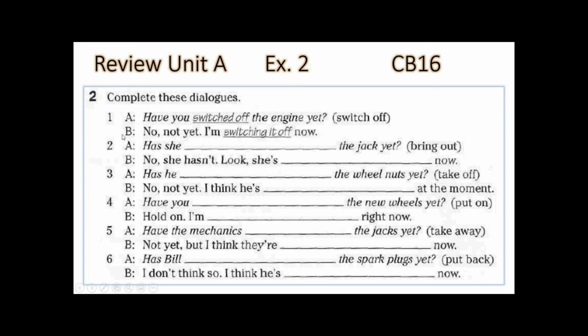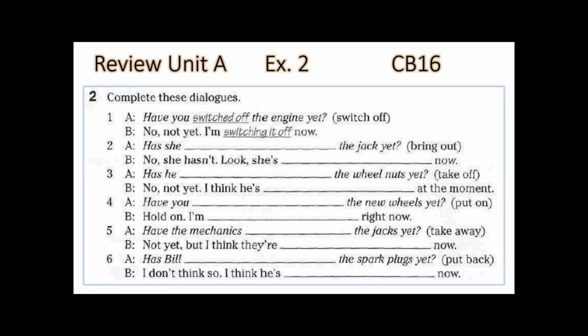Good. Number 2, B. No, not yet. I am switching it off now. Now we have switching it off. So that is the present continuous. Why is the present continuous used? That is adding ing to the main verb. Why? Because this is happening now. I am switching it off now.